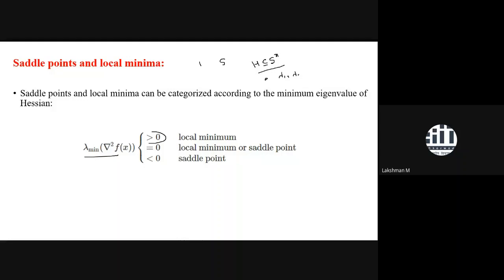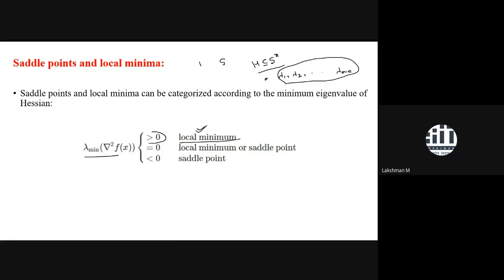That means the largest eigenvalue is lambda 1, the next largest is lambda 2, likewise, and finally you get the least eigenvalue. Since your Hessian is symmetric, that is already guaranteed. If the minimum eigenvalue of the Hessian is greater than 0, that means every eigenvalue of the Hessian is positive. Then this is talking about a local minimum.